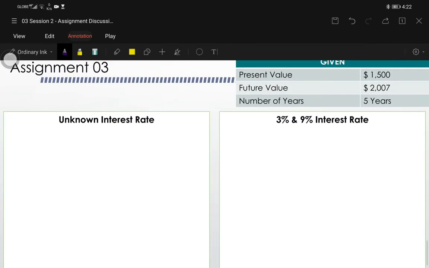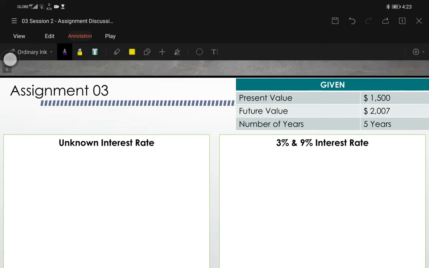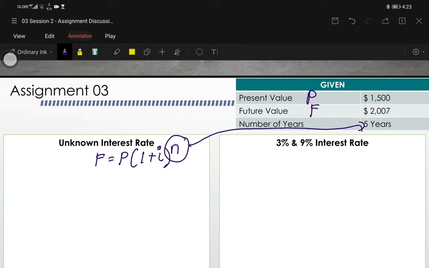As we all know, provided that this is a compounding interest, the formula is F equals P times 1 plus I to the power of N. The future amount is 2,007, the present amount is 1,500, so 1 plus I to the power of N, where N is 5 years.